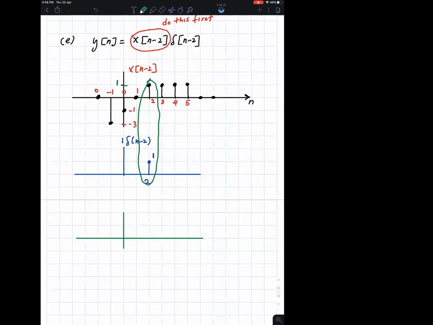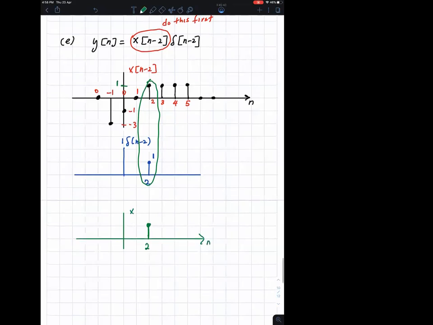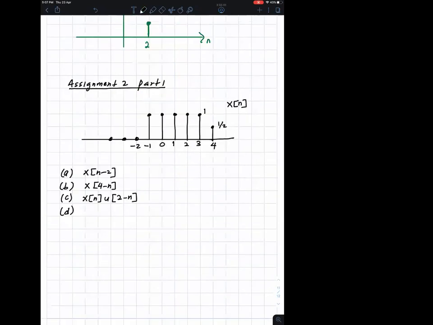So you're going to end up getting a 1 at n equals 2. And that's going to be x[n minus 2] delta[n minus 2]. x[n minus 1] delta[n minus 3]. Okay, that's all. I will see you all guys tomorrow then.